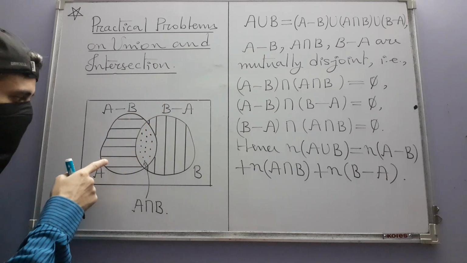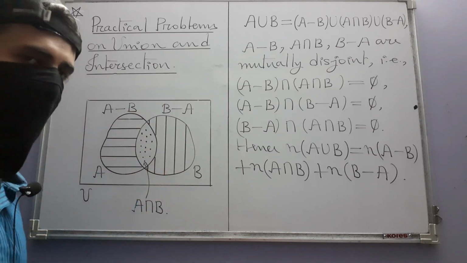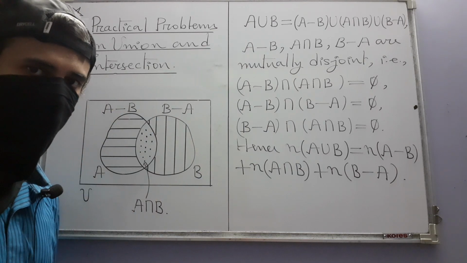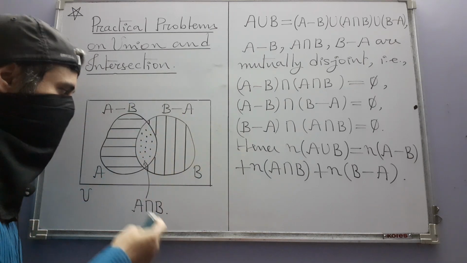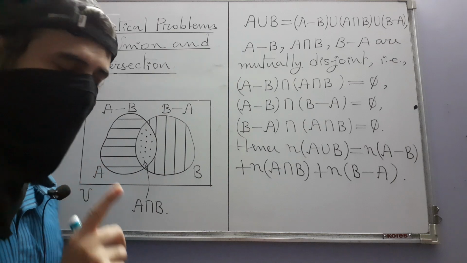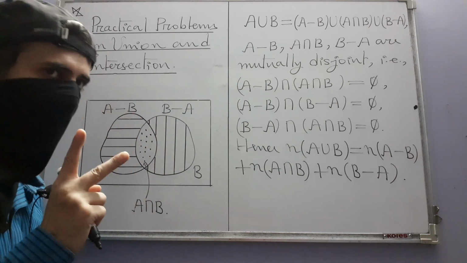Just like we have divided the union of A and B into 3 disjoint parts, so that the sum total of all the parts is the entire set and the parts do not have any common intersection, just like that, we can also divide only A into 2 parts.